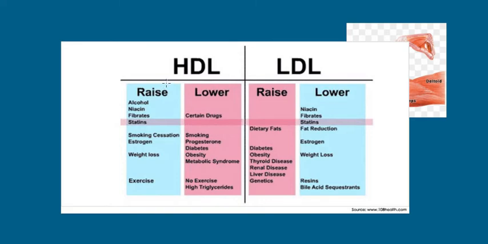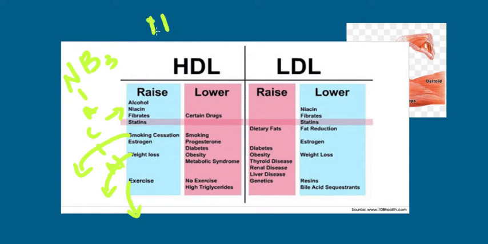ठीक है, जब HDL आपका raise हो जाता है, it can be because you are eating good, you are taking vitamin B3, ठीक है, which is known as the niacin, and you are having good habits, आपने smoking छोड़ दिया है, or maybe you are on a diet, ठीक है, you are on a weight loss regime, or you are exercising, so आपका HDL जो है वो ज़्यादा होगा.